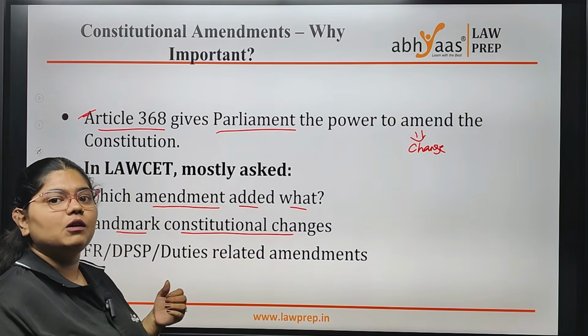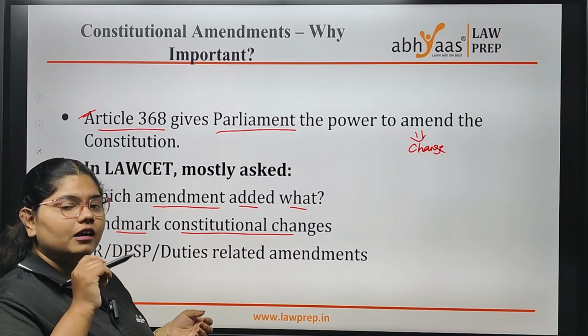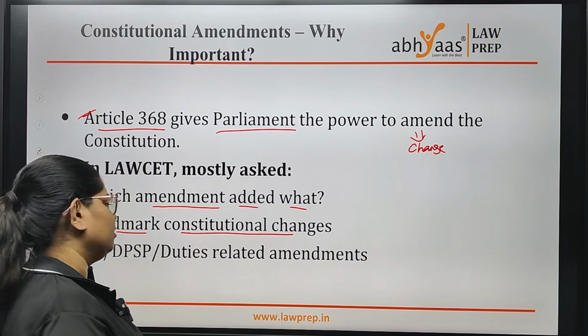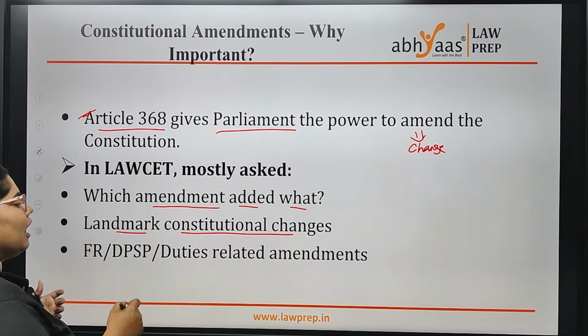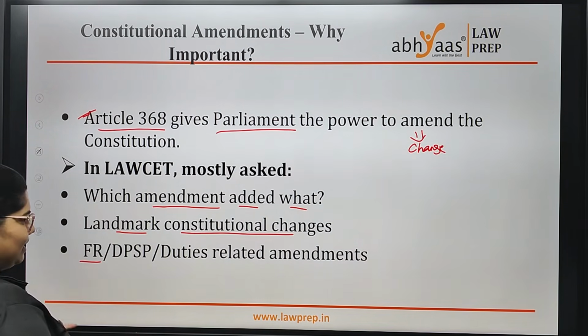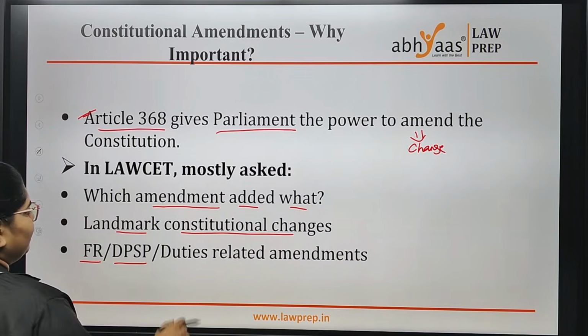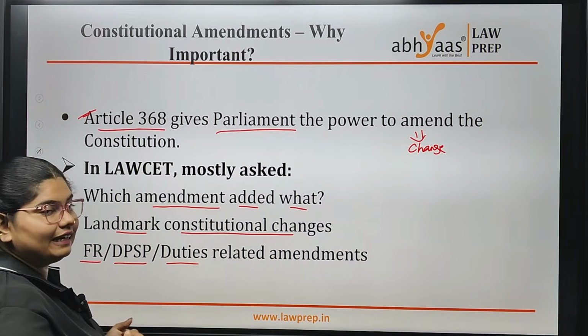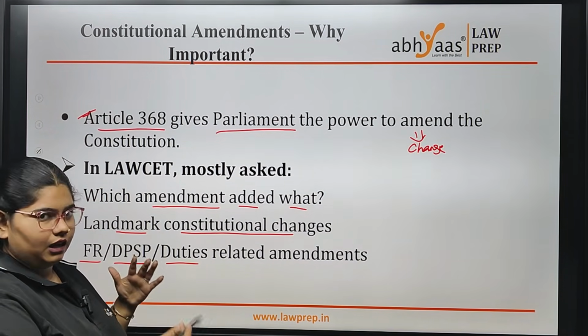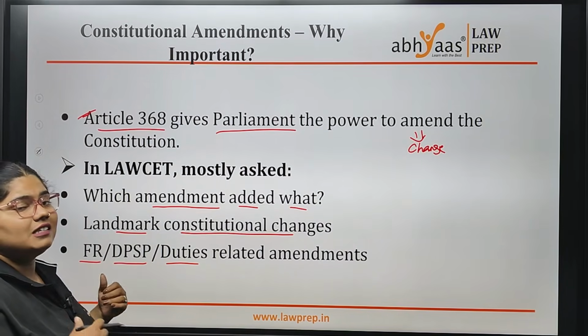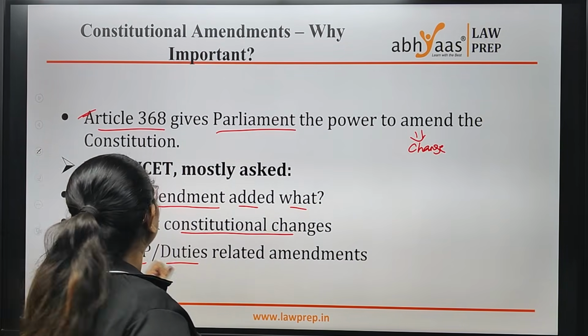They'll ask you directly what the 42nd amendment is, list down the changes it has made. It can be anything, or else they can ask you fundamental rights related, DPSP related, or fundamental duty related amendments. So in the upcoming slides, we'll see these things in detail.